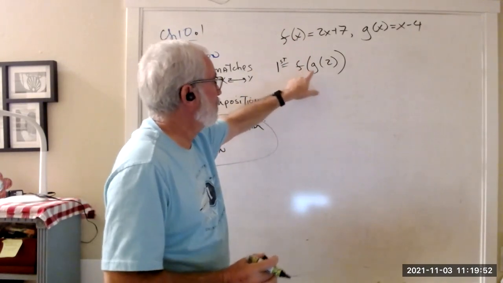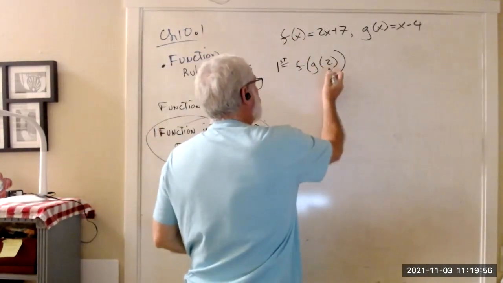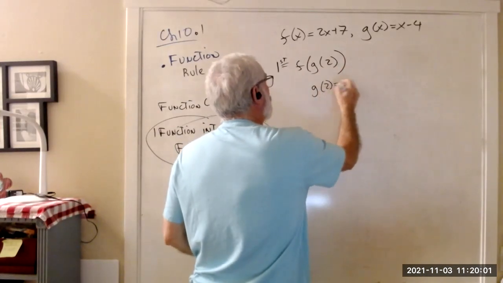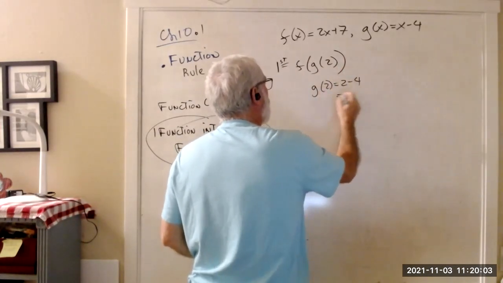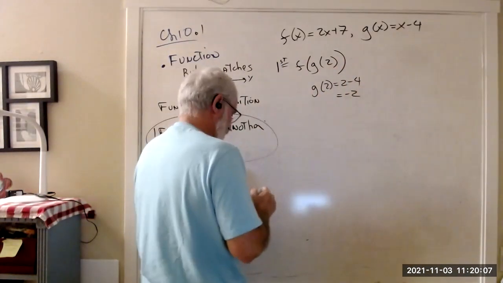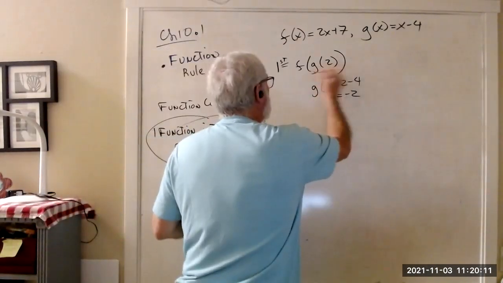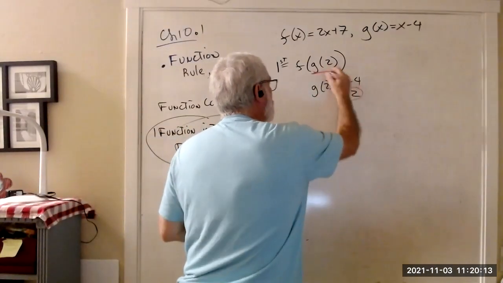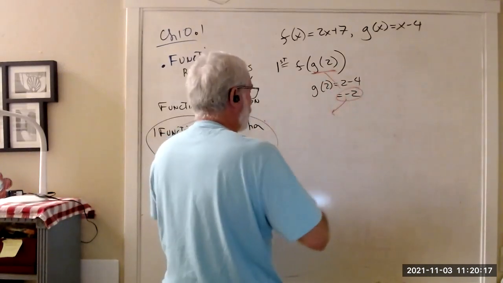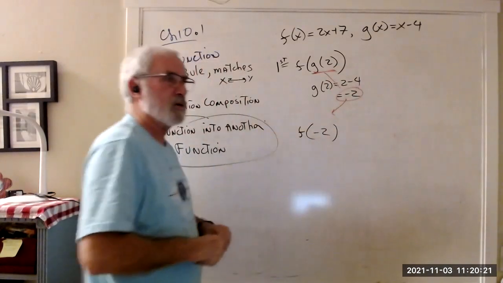So f of g of 2, we start on the inside. Take 2, put it into the g function. G of 2 is 2 minus 4, which is negative 2. So g of 2 gets replaced with negative 2, and now my problem becomes f of negative 2.